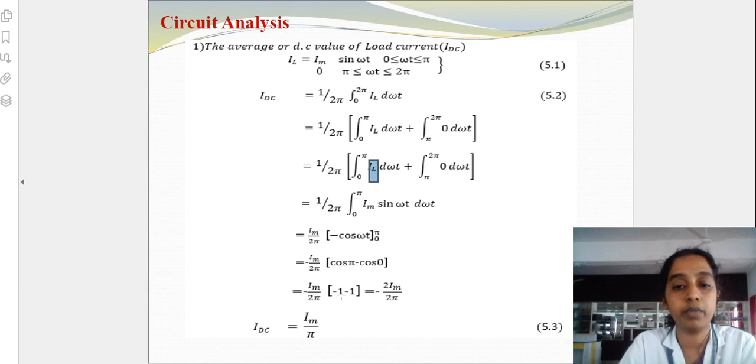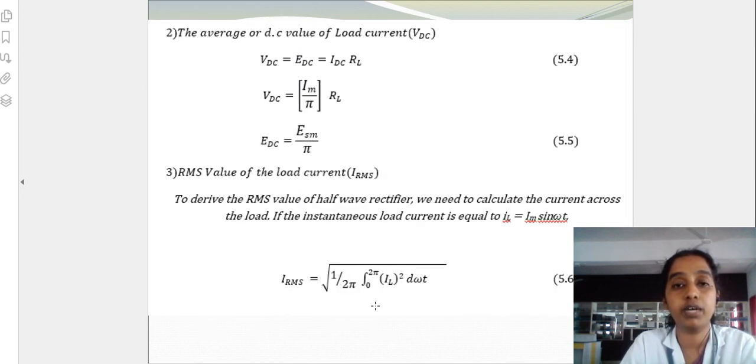Cos pi value is minus 1, cos 0 value is 1. So already I have a minus here, so minus 1 minus 1. So if I take minus 2, minus outside, I will get 2 Im by pi. 2 getting cancelled, I get Im by pi. This is my DC value of current.